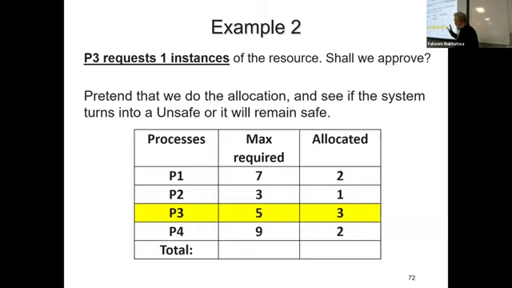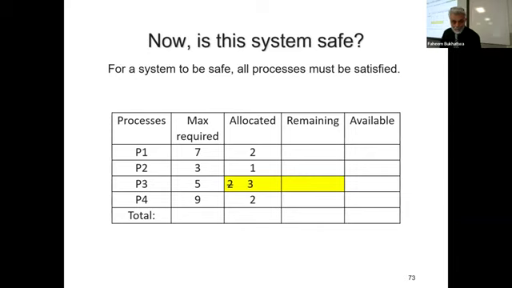And now this is the situation if somebody says, process number 3 asks for one resource. Don't approve it yet, but let's imagine, let's go ahead and pretend we allocated it. So now process number 3 has 3 out of total 5. Let's create the remaining column. It's unsafe.